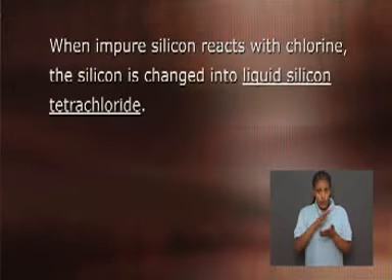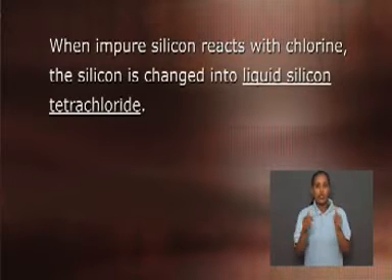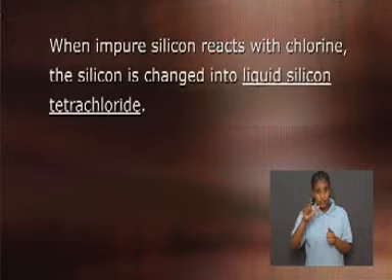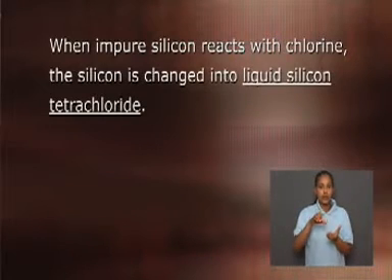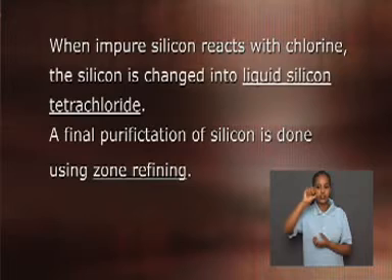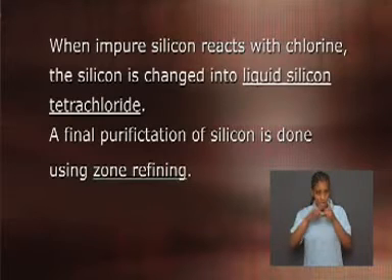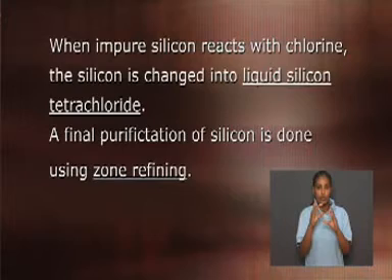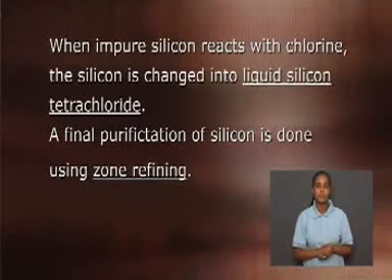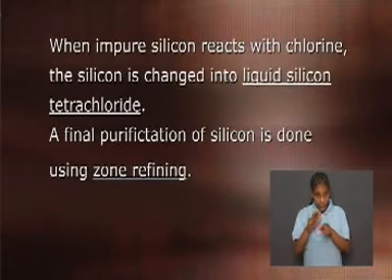When impure silicon reacts with chlorine, the silicon is changed into liquid silicon tetrachloride. A final purification of silicon is done using zone refining. If you filled in the blanks correctly, great work.